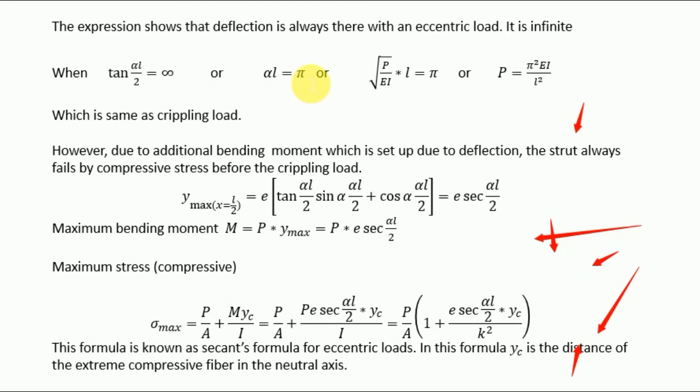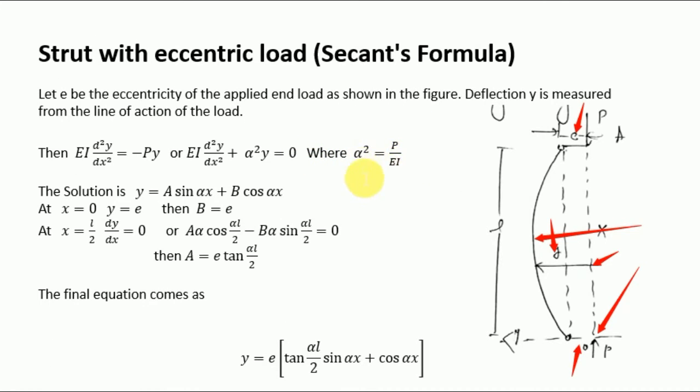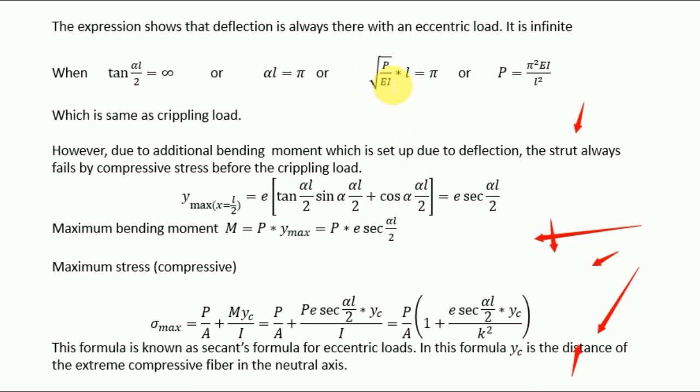Then we have alpha L equal to pi, and we already know alpha from this equation: alpha is equal to the square root of P upon EI. Putting the value here, square root of P upon EI into L is equal to pi, and after solving this we have the final equation of P, which is pi square EI upon L square.